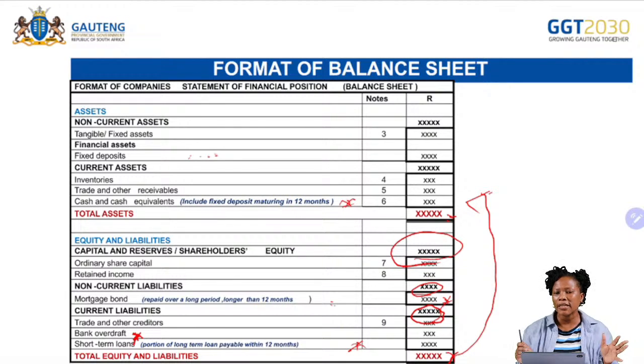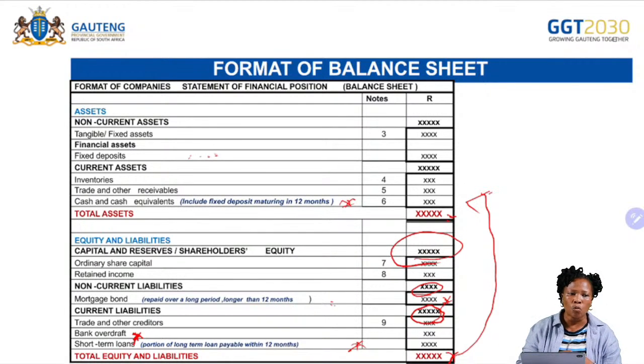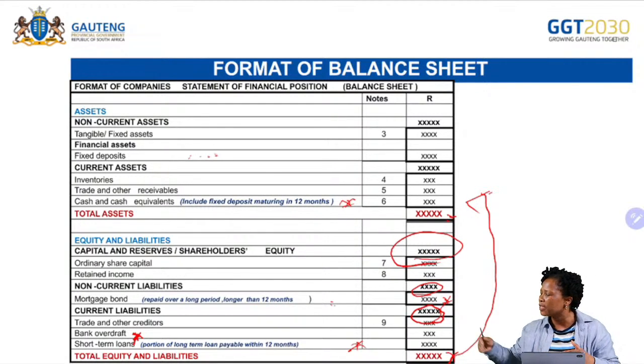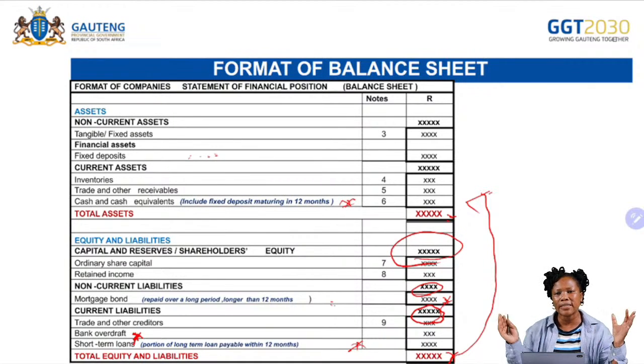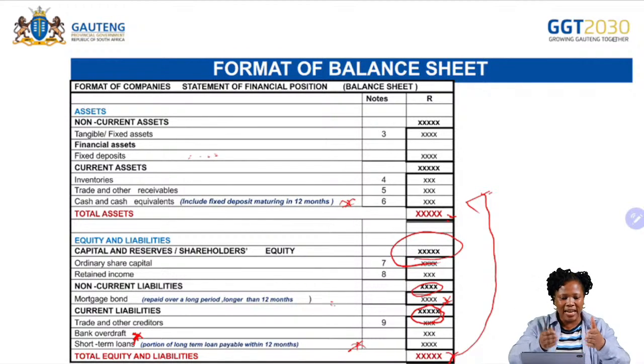Therefore, it's very important that as soon as you get into the exam room, you complete all the structures that are needed in your paper 1. When you do your paper 2, you follow the same procedure, so that by the time you go back to engage with the questions or even the transactions, you still have some of the information already placed in your structure, so that you can earn more marks. And remember that our paper is very long, and some of you will be trying to catch up with time, and it's not very easy.